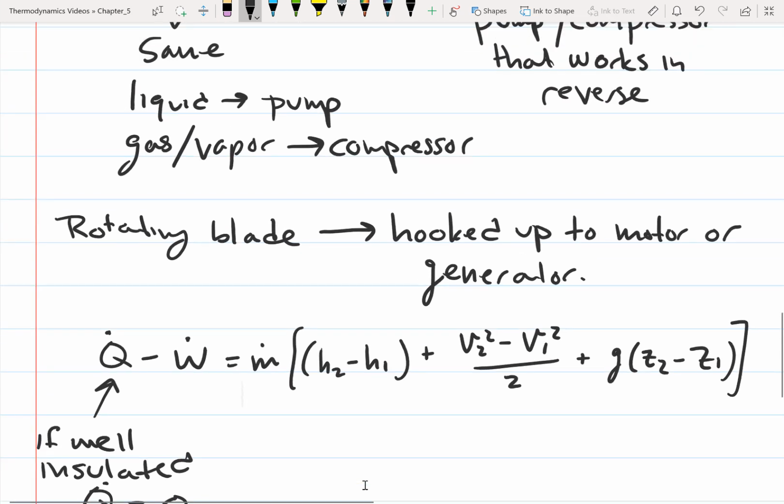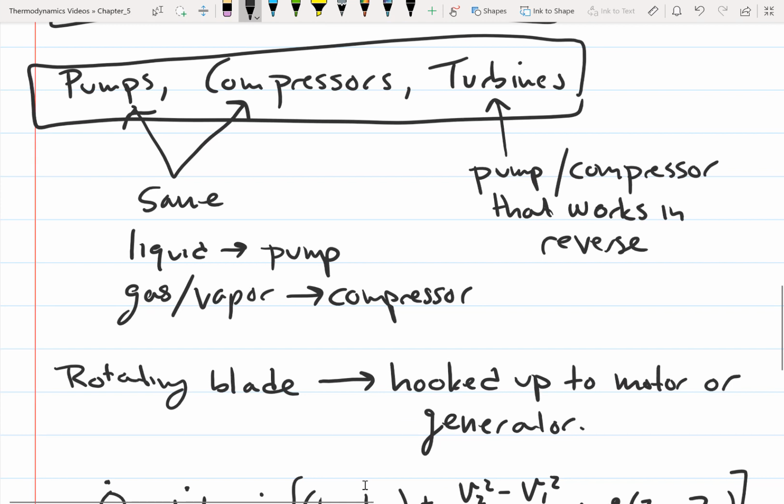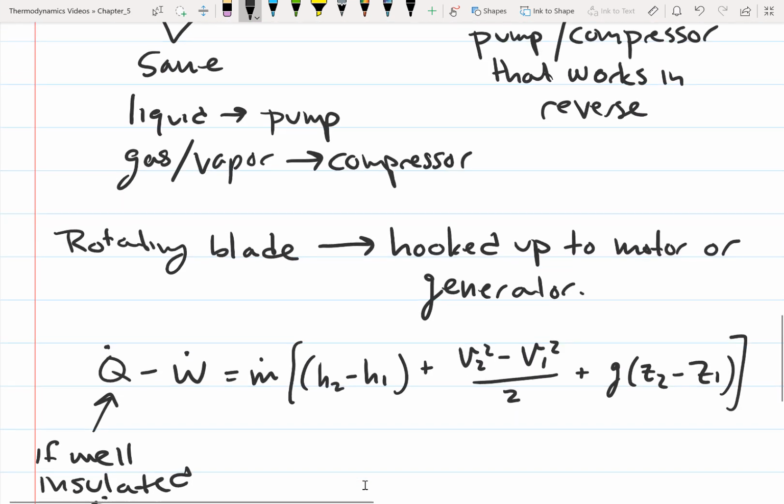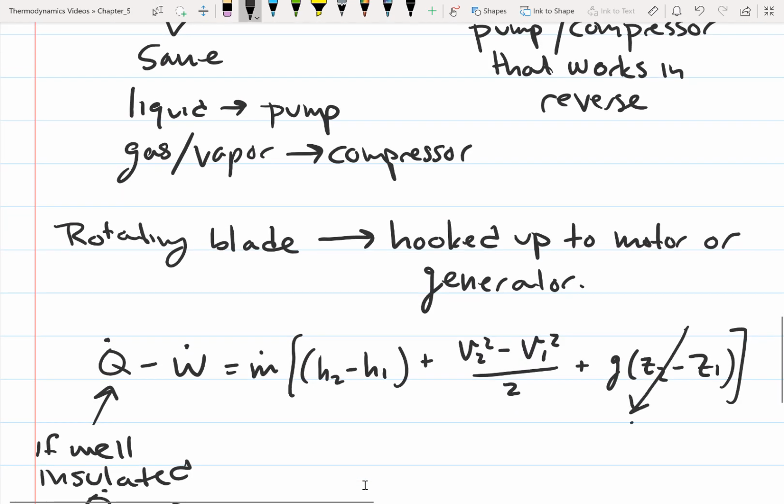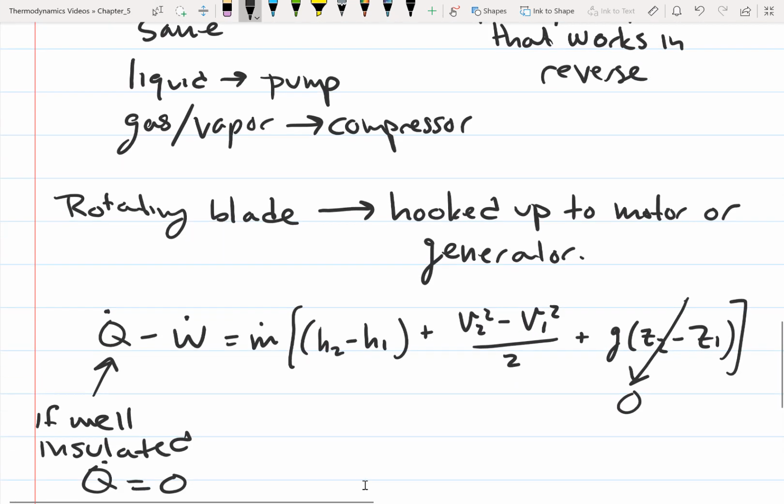So let's say this is our pump. If we look from here to here, there's not going to be a large height difference. So we can say that the potential energy is 0.